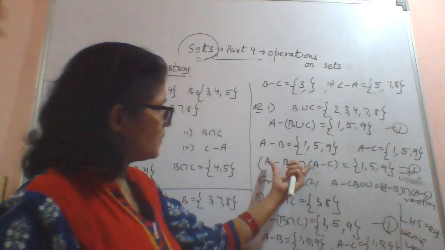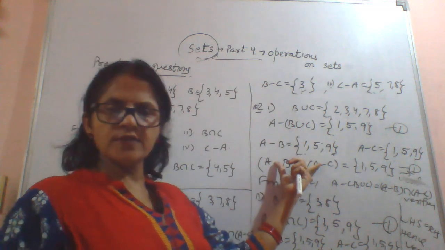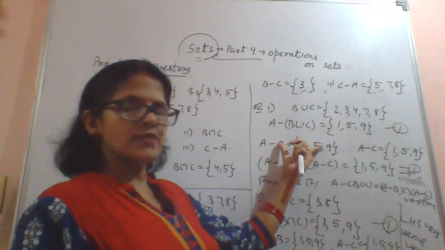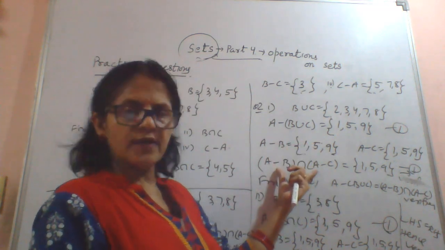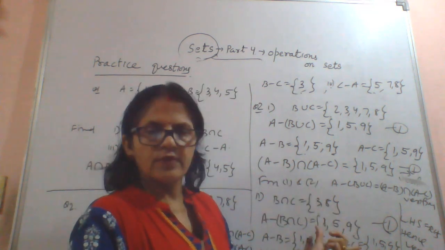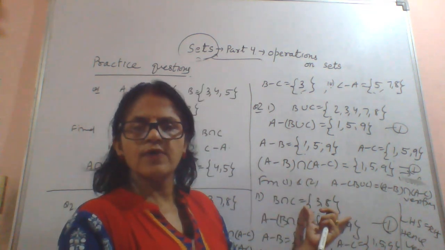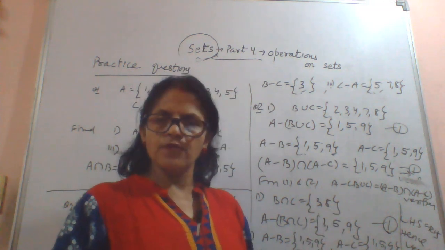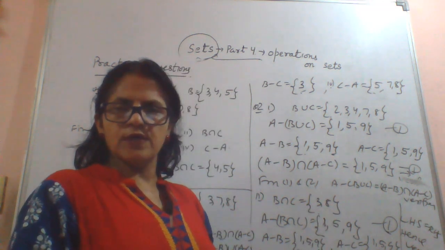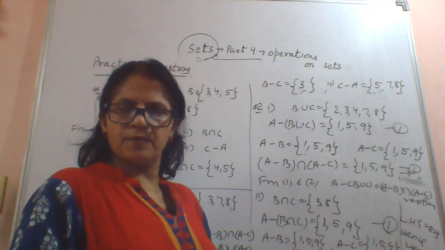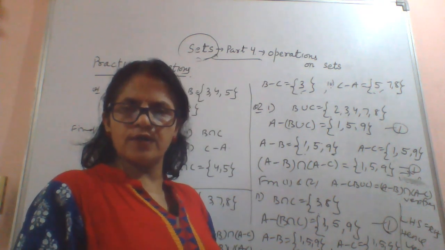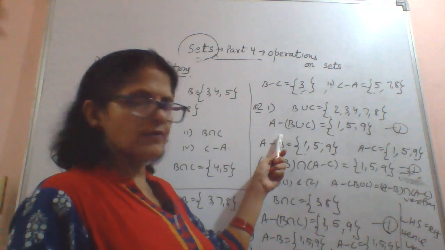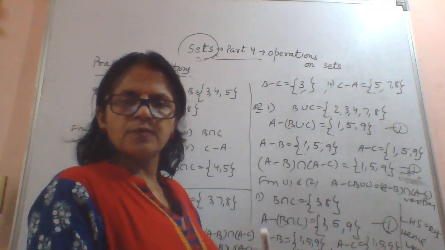It means we have calculated LHS, we have shown elements in LHS and in RHS, then we could see LHS equal to RHS. If the question is to prove this is equal to this, for that purpose we have to take it in general.